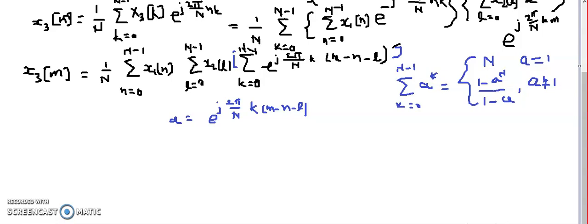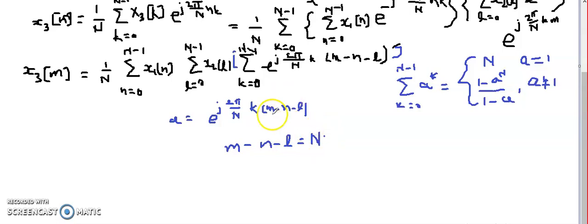Now you can observe that a is equal to 1 when m minus n minus L is a multiple of N, capital N. Multiple of N means N is the number of terms, into an integer multiple.